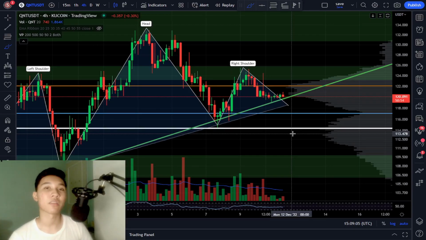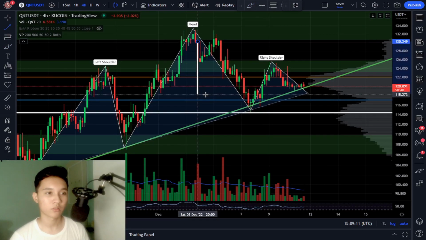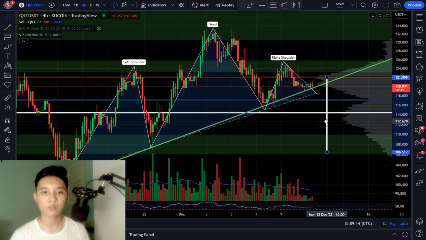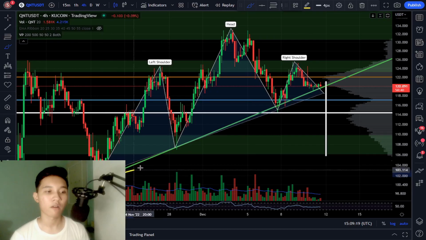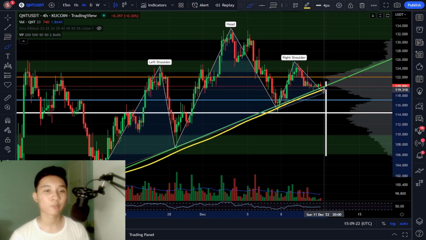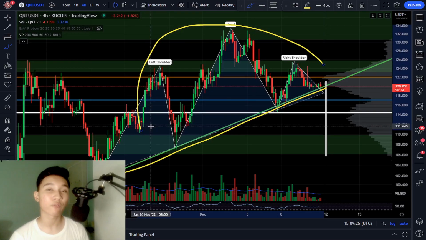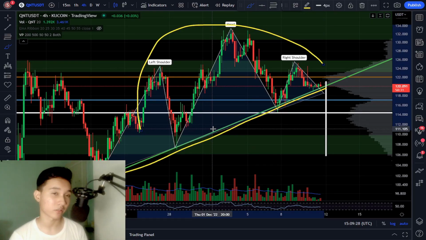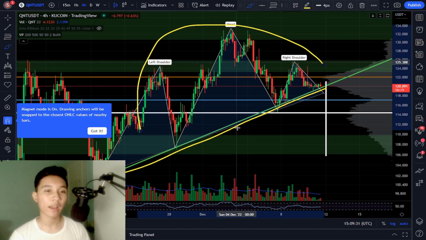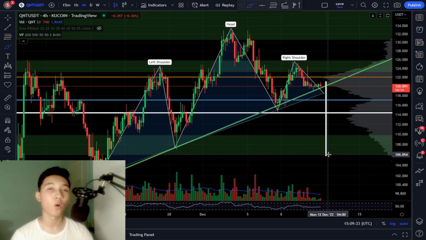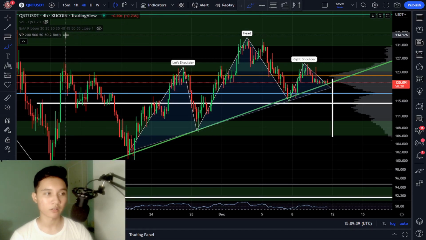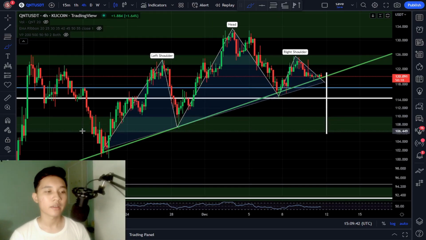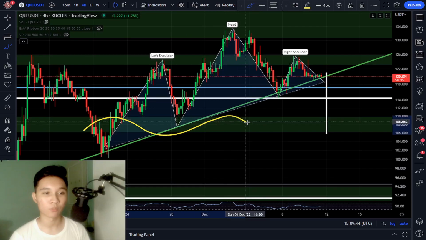So let us measure the price target of this head and shoulders pattern. So we're gonna measure this one to the point of breakout. If we do break below the trend line, or if we do break below the neckline of the head and shoulders pattern, the expected target of this pattern, if we actually do break to the downside, I'm not saying it's a guarantee that we're going to break to the downside, but if we actually do, the target is $106, and that is located exactly, wait a second, that is located exactly in this demand zone right here, or the support zone right here.